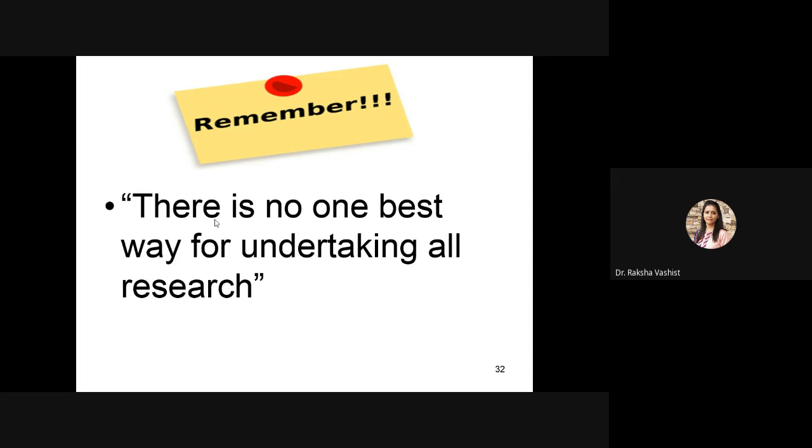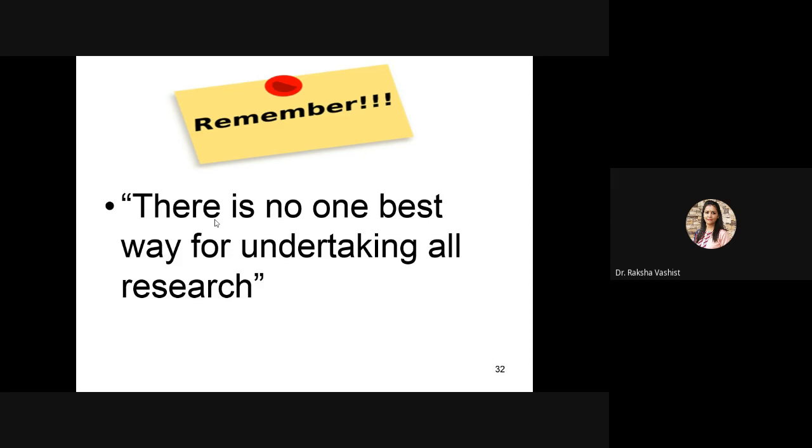It does not mean that if you understand the research methodology, you will be able to do all kinds of research easily, right? No, each research is different from other research. Some parts are universally applicable, but most of the time you have to learn by doing.